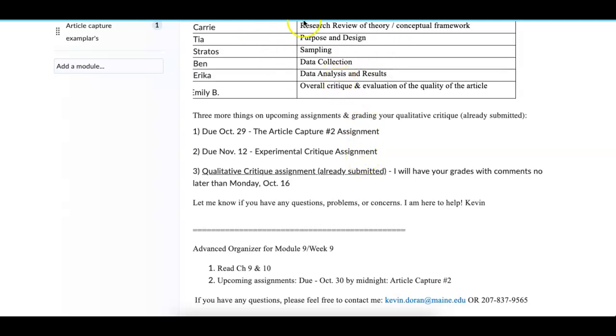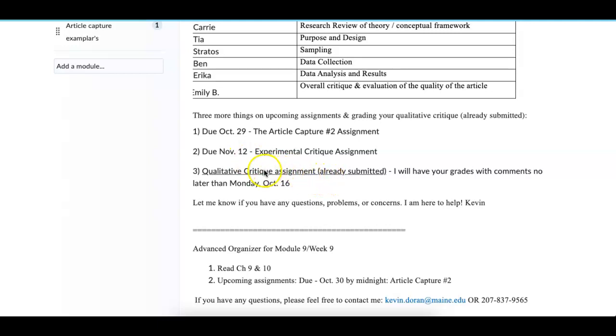What you are working on this week as a group will be the basis for your individual experimental critique assignment that's coming up on November 12th. So once again, this is a practice round. You have an opportunity to discuss the same article that you are going to write an experimental critique on, which is due on the 12th.